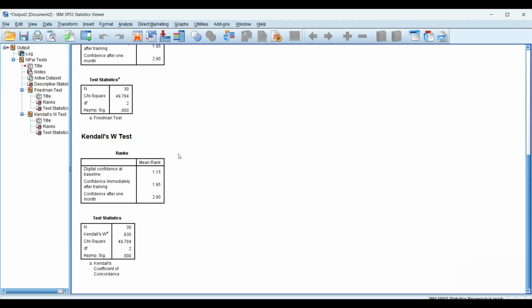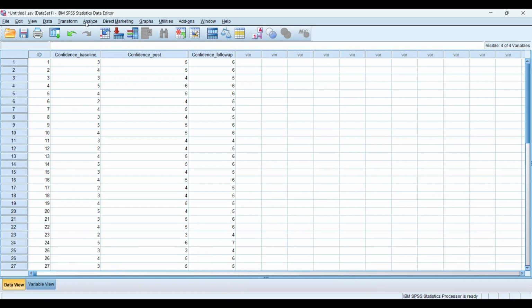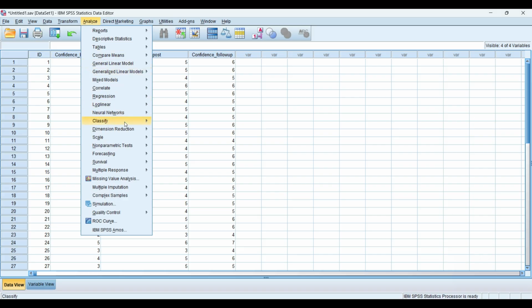So after doing the Friedman test using Kendall's W, we also do the comparison using the post-hoc comparison in SPSS. So we go back to our data and click on Analyze, then Nonparametric Tests, and then Related Samples.